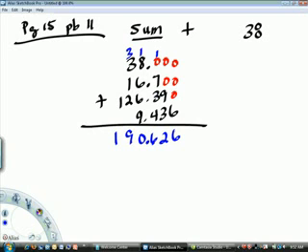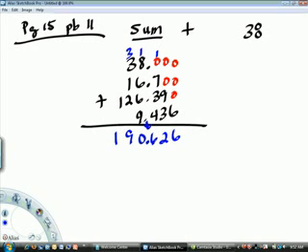And then where do you put the decimal in the answer? You just move it straight down. So, right. So 190.626. And so you look at the answers here, and there's a 190.526. So I may have made an error. So let's check it.